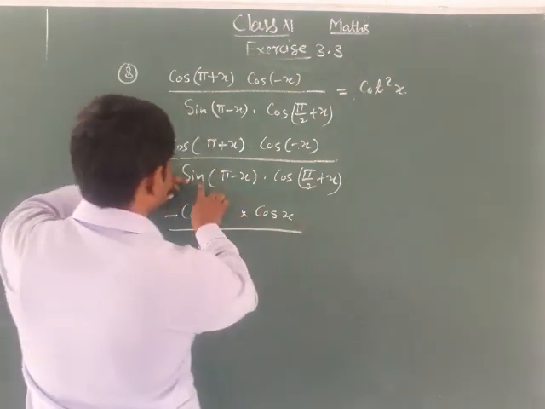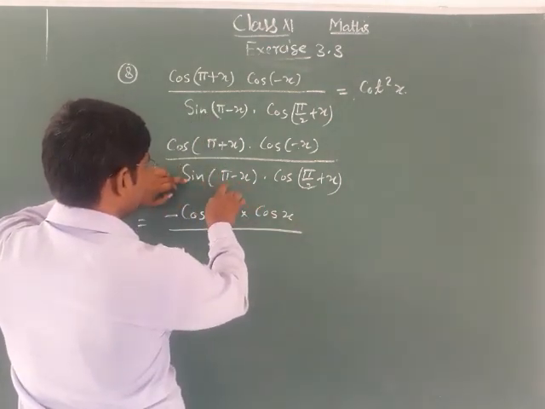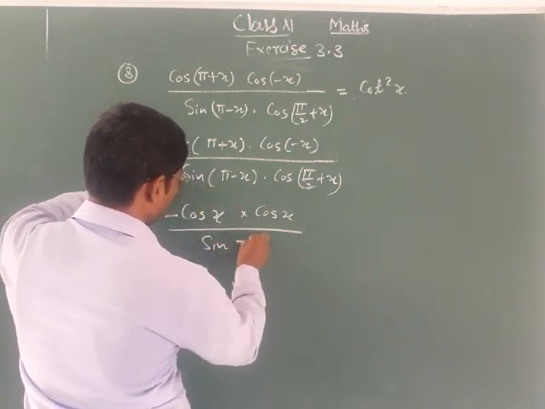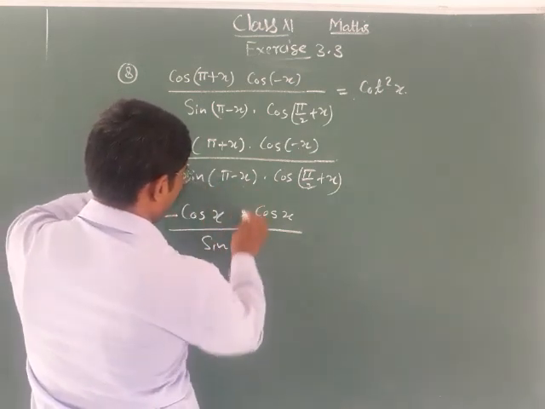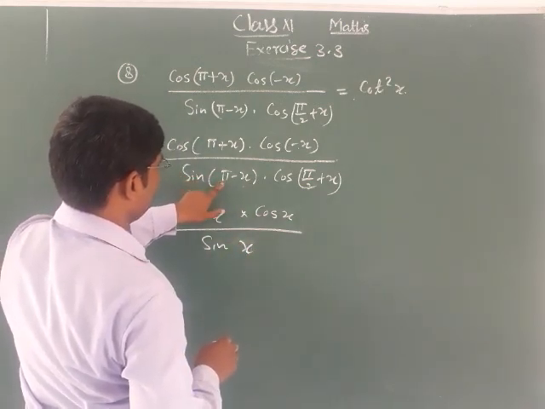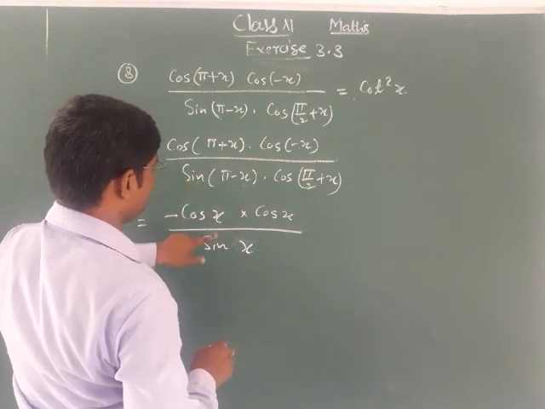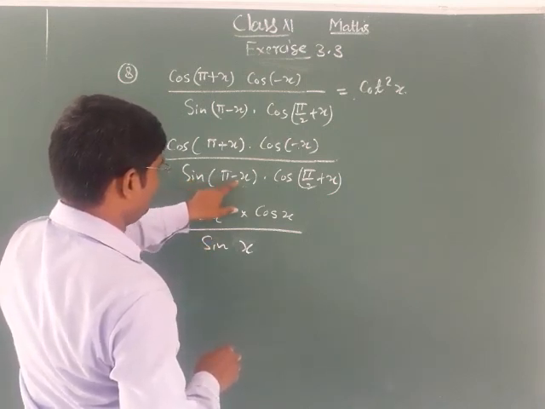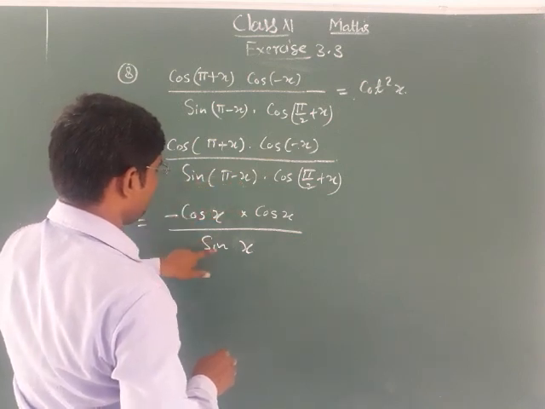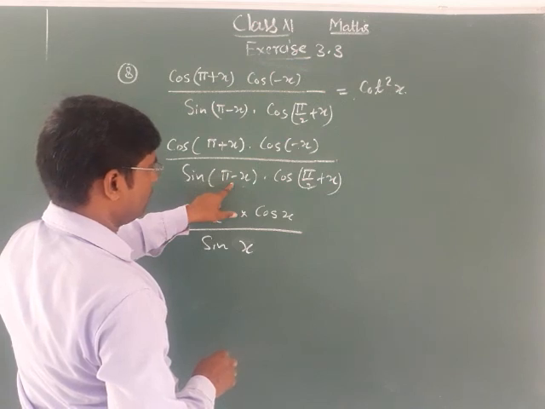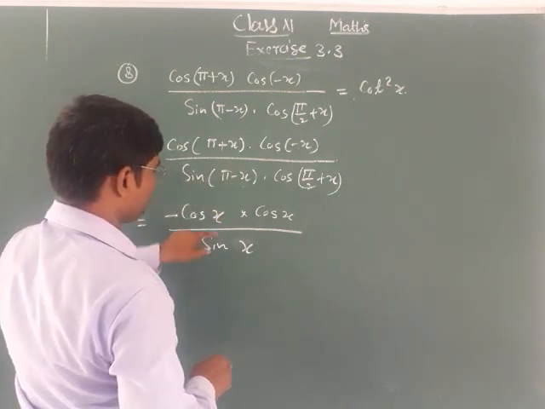And also sin(π − x) lies in the second quadrant, so sin(π − x): due to π there is no change of ratio, so it stays sin x, and in the second quadrant the value of sin is positive.